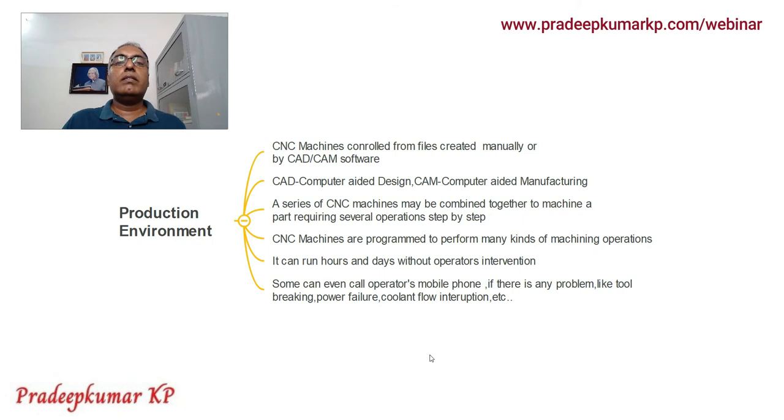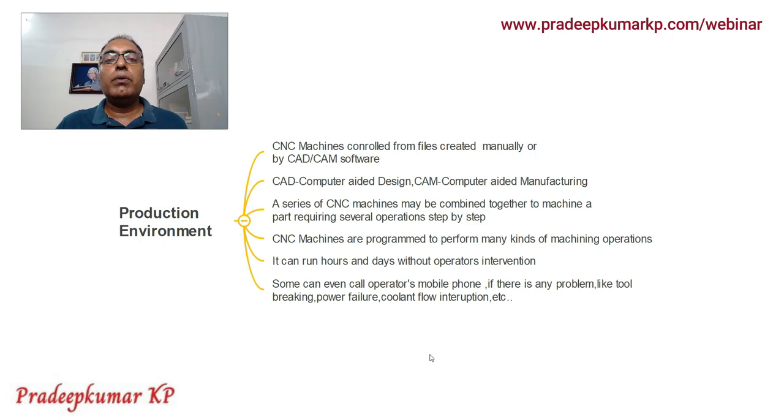Earlier, CNC machines were controlled from files, as I told earlier, created manually or by CAD/CAM software. So you can do both manual programming and CAD/CAM programming. In CAM programming, you use a computer to make the program.